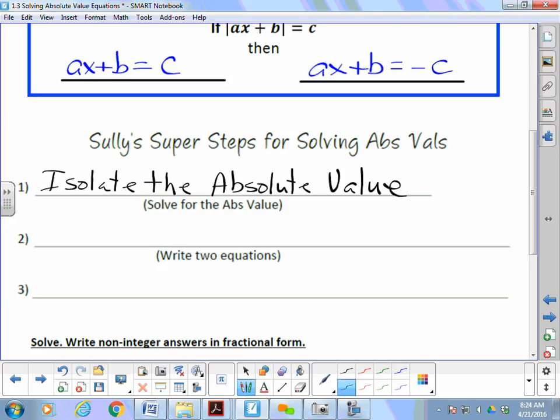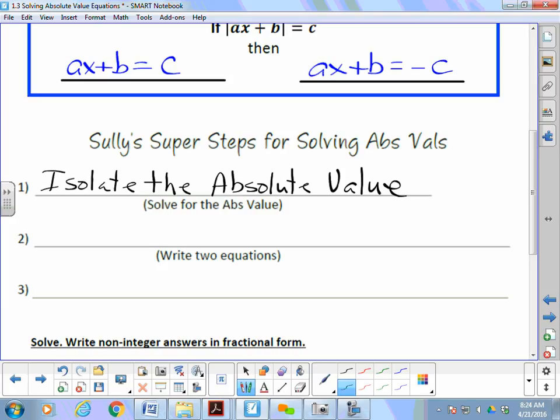What does that mean? Okay. We're going to get it by itself. Just like we did with the radicals. We want to get it by itself. So we have to think about anything that's inside the absolute value. Think of it as a grouping symbol. Okay, absolute value is a grouping symbol.